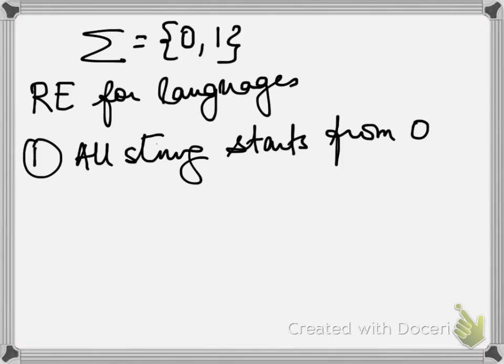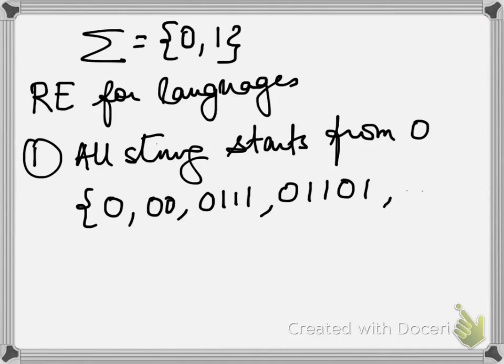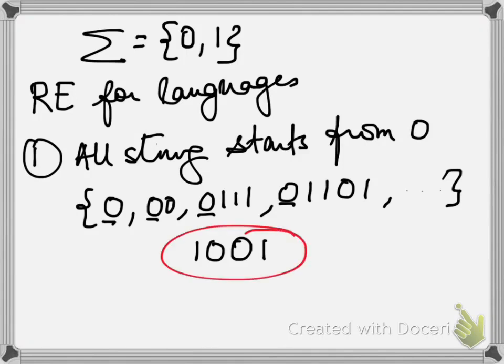Some examples: all strings start with 0, so I can have 0, 0 0, 0 1 1 1, 0 1 1 0 1. I can have something like this. All strings must start with a 0. So 1 0 1 0 1 will not be a part of this language. We want all strings that start with 0.